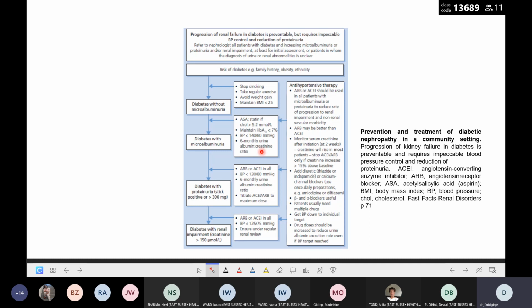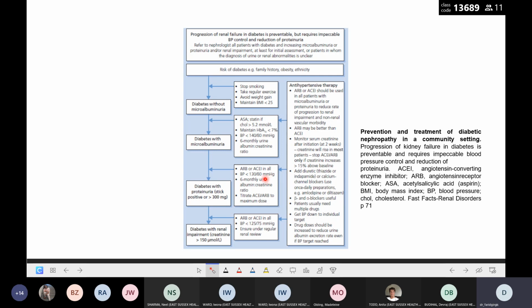Then the next stage, if the patient starts to have diabetes with microalbuminuria, in this case, we should start ARB or ACE inhibitors, angiotensin receptor blockers, or angiotensin converting enzyme inhibitors, in all patients, except if the patient is allergic to any of the groups.